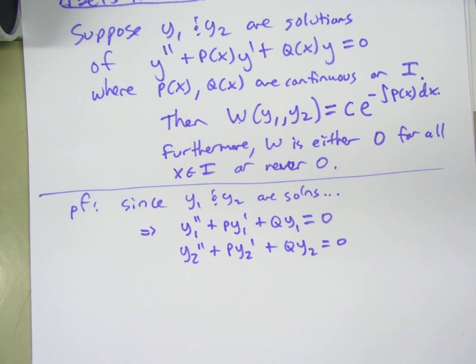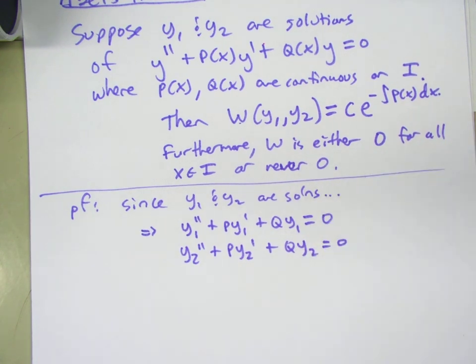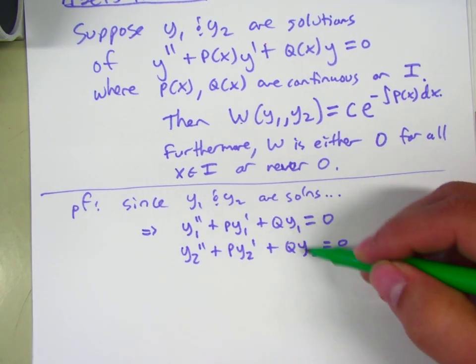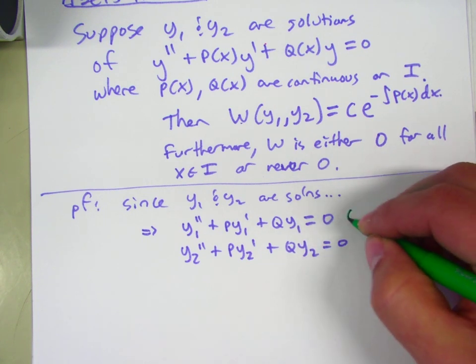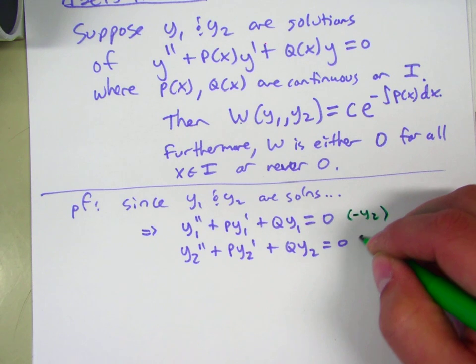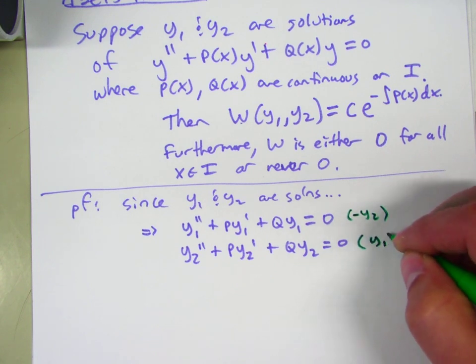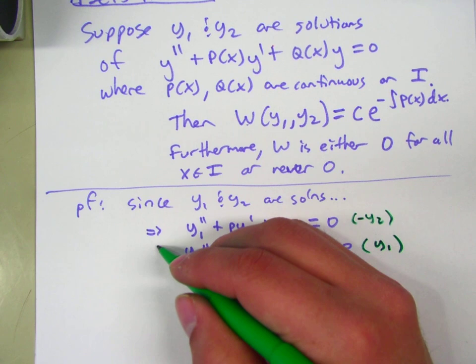Now let's say we want to eliminate, not the derivative terms, but let's say we want to cancel out this y1 and this y2. I could multiply this one by negative y2, and I could multiply this equation by y1, and then add.